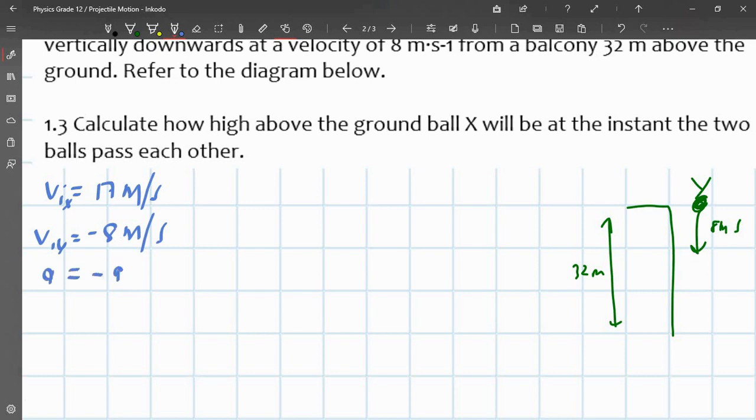Acceleration is minus 9.8 meters per second squared. And that's pretty much it. What they want to know is the change in height when the height of ball Y is equal to the height of ball X. That's basically what they want to know, and this will happen at the same time.